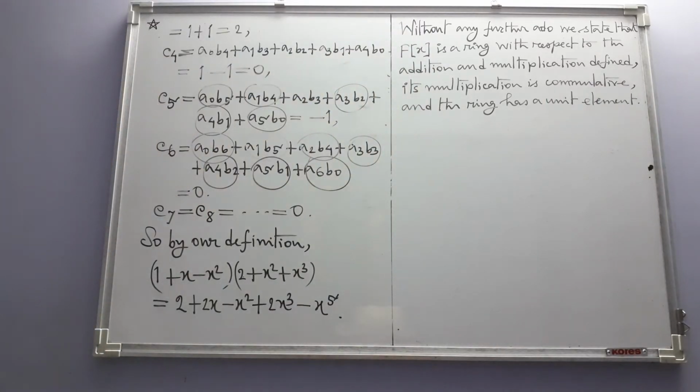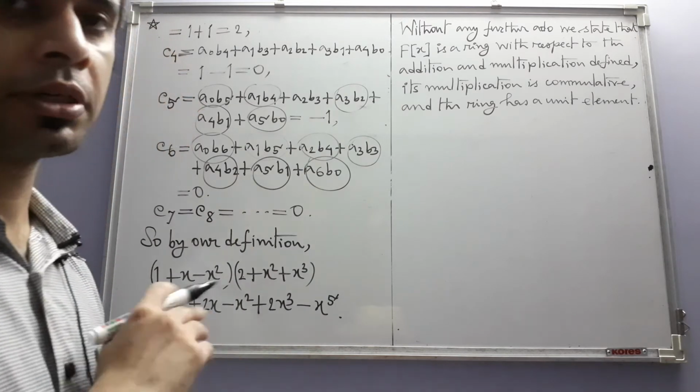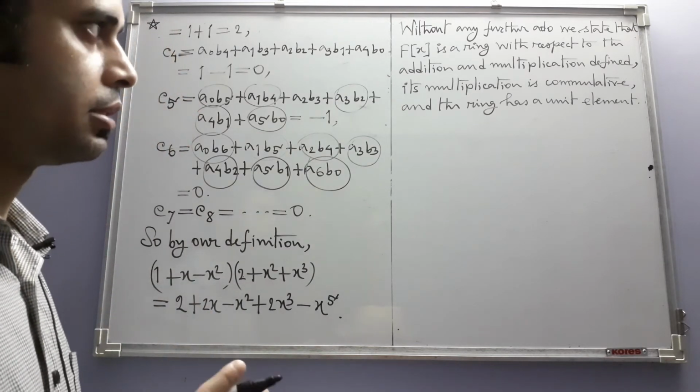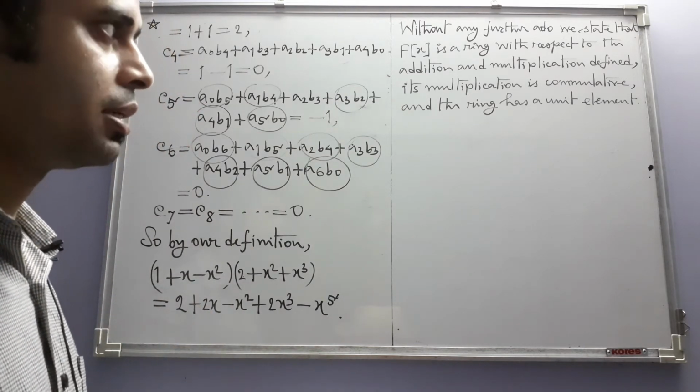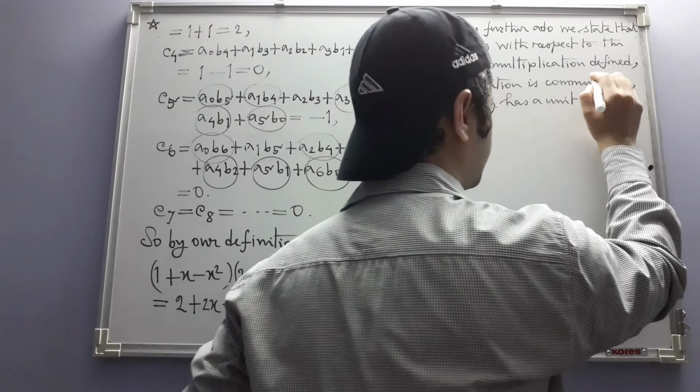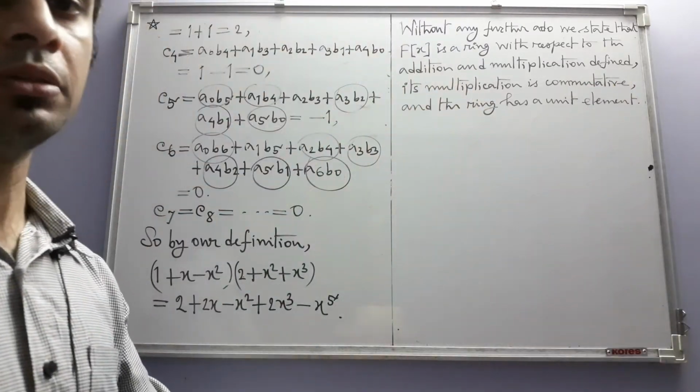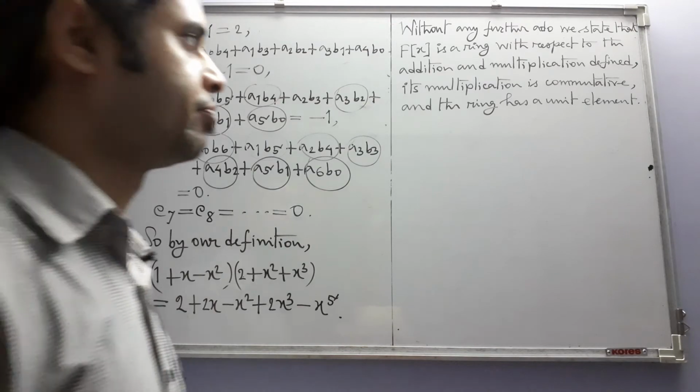That is, it's not only a ring with respect to those operations, the set of polynomials, but it's in fact a commutative ring with unit element. Okay.